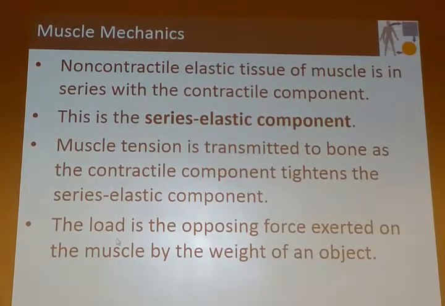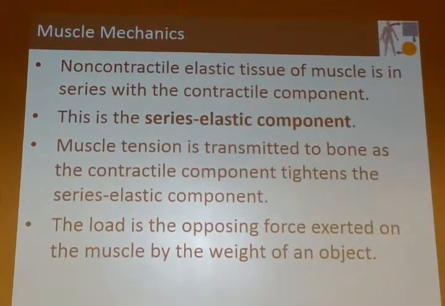The load that you're moving, whether it's the weight of your arm or some external load that you're lifting, is opposing the force that the muscle has to generate to have active change in the position of the joint angle. So you can load a muscle, and if you don't have the force developed to move the object, you will stay in what's called an isometric muscle contraction.